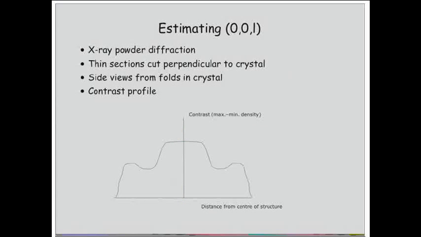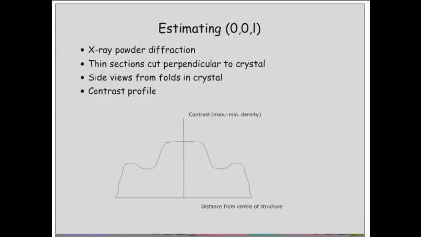And there are different ways of estimating the 0, 0L values. So you might have some powder diffraction data, or you can cut sections perpendicular to the crystal, which might give you some indication of how density is varying through Z. Or you might have side views where your crystal's folded over. Or you can just look at the contrast as it varies across the structure.